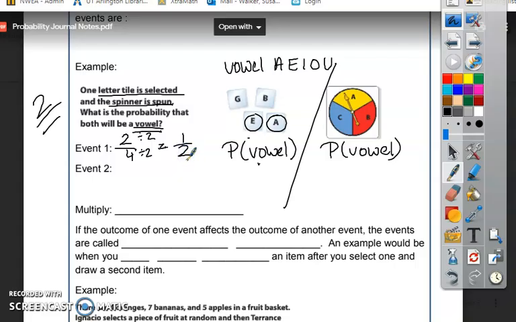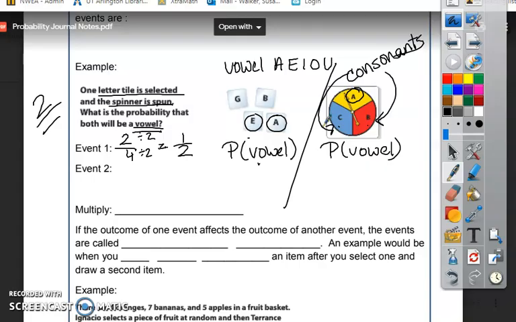Event 2, I need another vowel, so I have A, E, I, O, U, nope, and nope. These are consonants, okay? Not to be confused with continents, consonants, okay? So usually they use vowel because most students are more familiar with that.